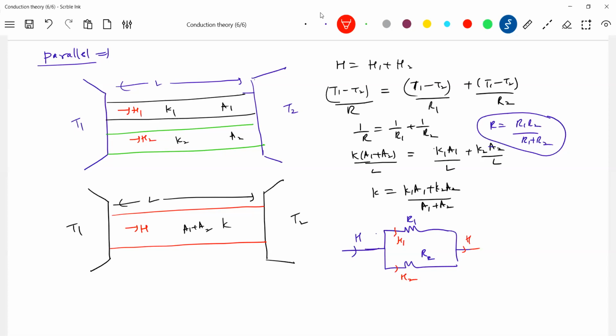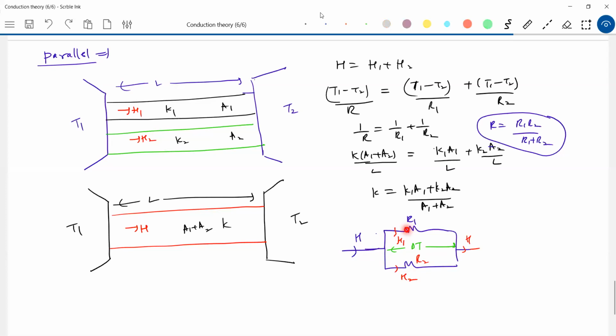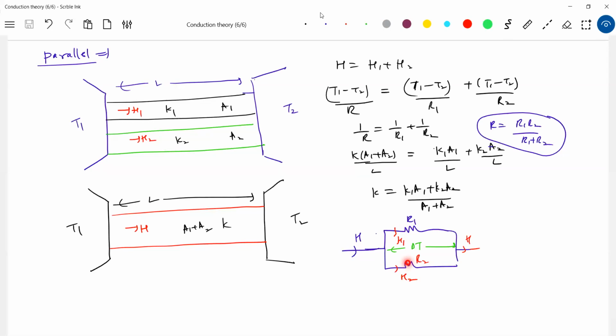Again, the same H will emerge out. Now, what is the temperature difference? It will be delta T. Both are at the same temperature difference. They are said to be in parallel. So what do you mean by parallel? If thermal power encounters a junction where it will branch, then these two are said to be in parallel.